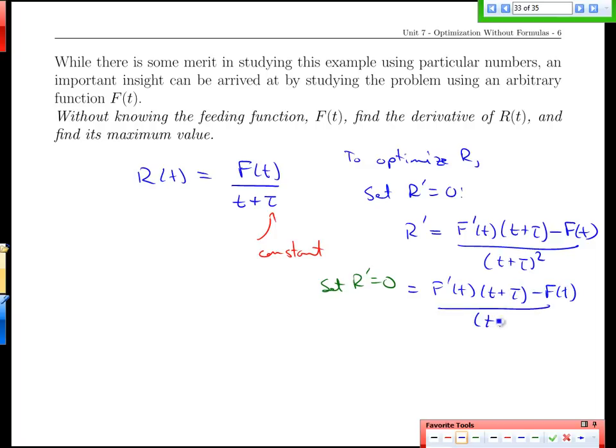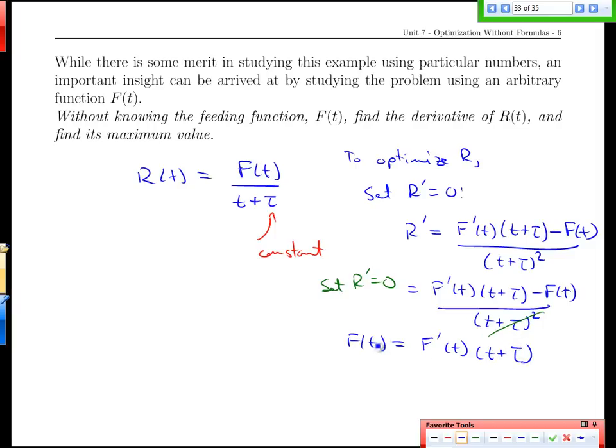Over t plus tau squared. Now t plus tau will never be 0, so we can actually get rid of that because we can multiply both sides through. I'm going to bring the f of t over, and f prime of t times t plus tau.